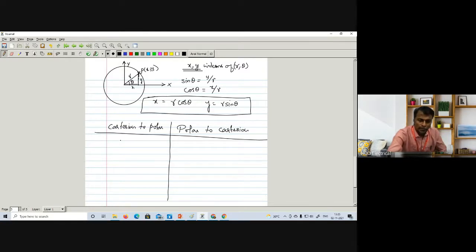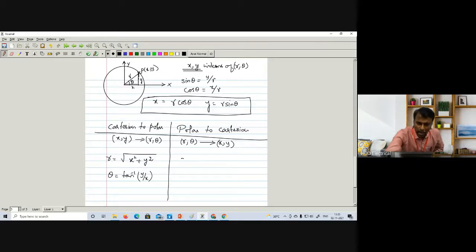In Cartesian to polar, the x comma y variable is moving to r comma theta. Here the polar coordinate r comma theta is moving to x comma y. Already we have derived r equals the square root of x square plus y square, then theta equals tan inverse of y by x.